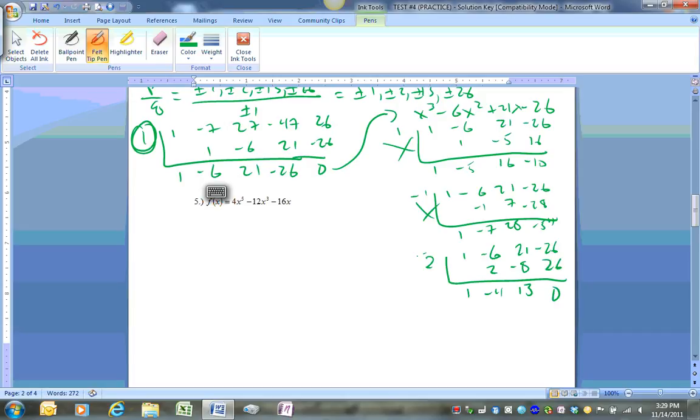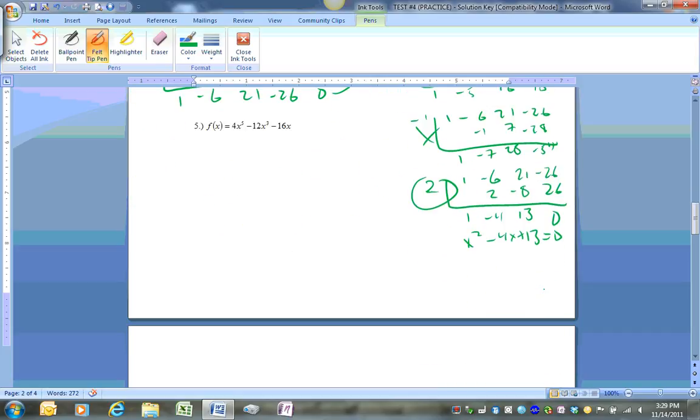Good. So 2 works. Now this becomes x squared minus 4x plus 13 equals 0. I will ask for exact answers, and this is non-calc, so you can't even use a calculator. So you do the quadratic formula, negative b plus or minus the square root of b squared minus 4ac, all over 2a.